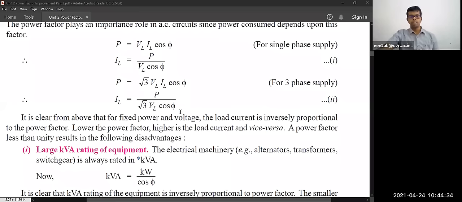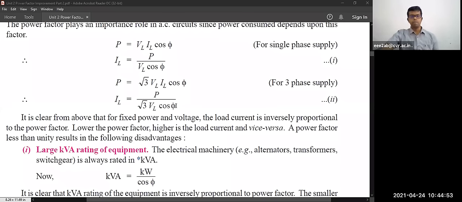If the power factor is 1, cos phi is equal to 1, then the load current is at its minimum. Lower the power factor, higher the load current, and vice versa.